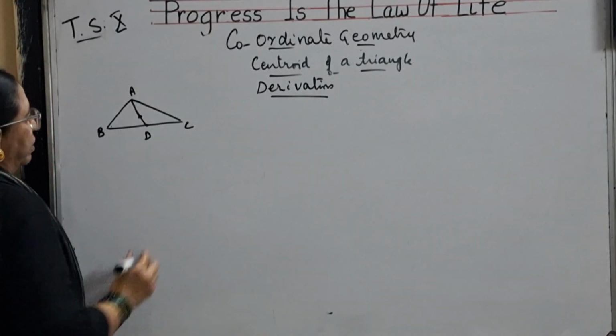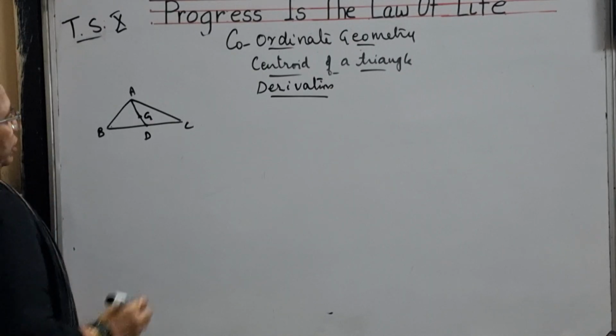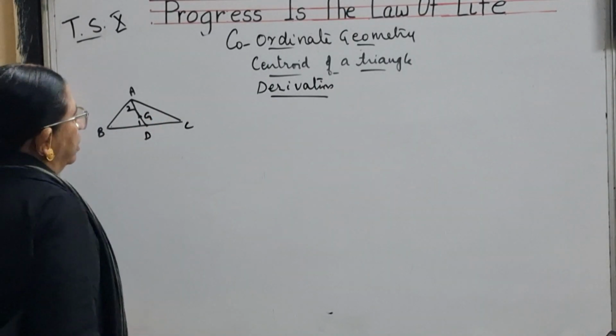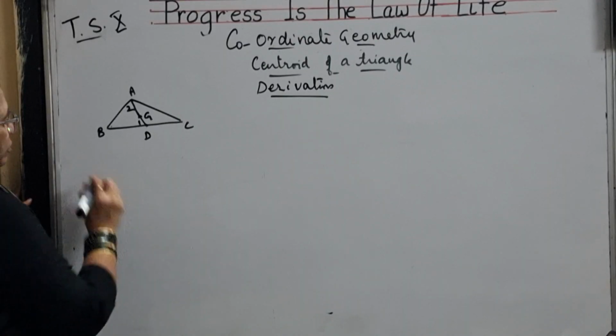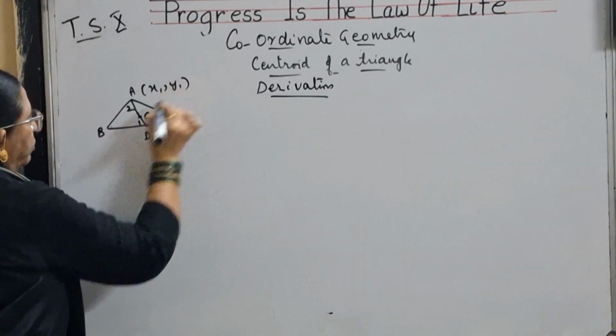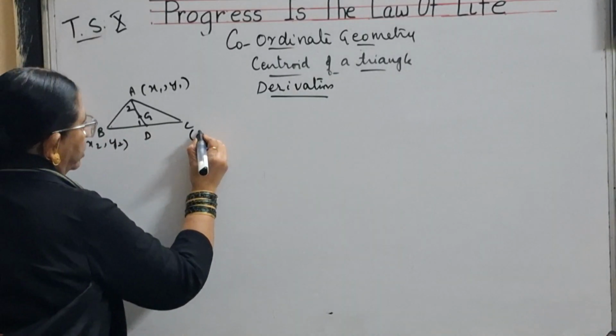I'm taking only one median, and let us consider this point is G. G divides AD in 2:1 ratio. So let us take coordinates of A as x1, y1, coordinates of B as x2, y2, coordinates of C as x3, y3.